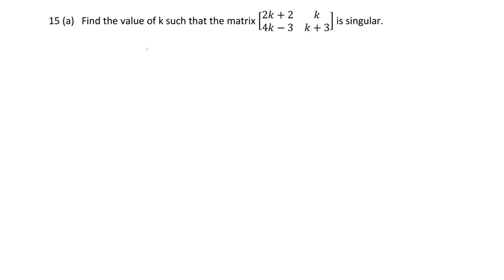So we say determinant equals to, in brackets, 2k plus 2 times, in brackets, k plus 3 minus, in brackets, 4k minus 3 times k. Okay, so now let us expand this expression.